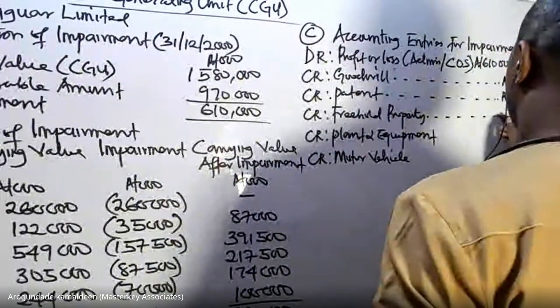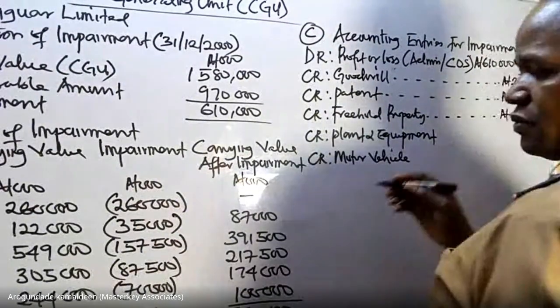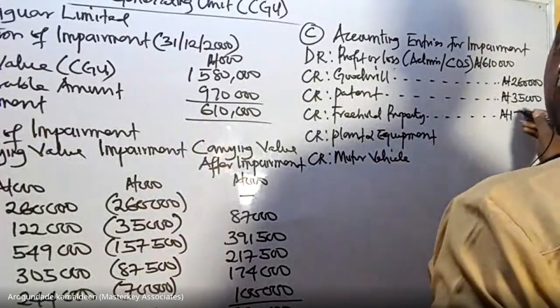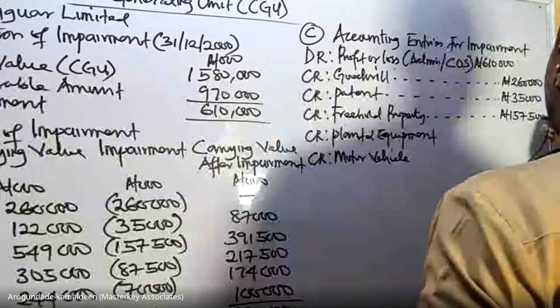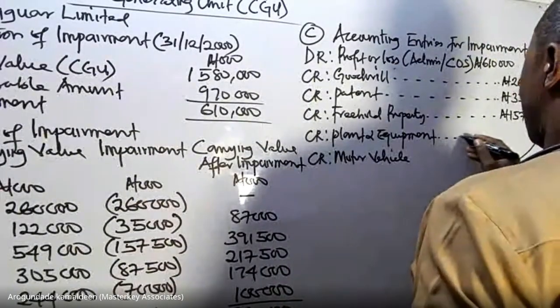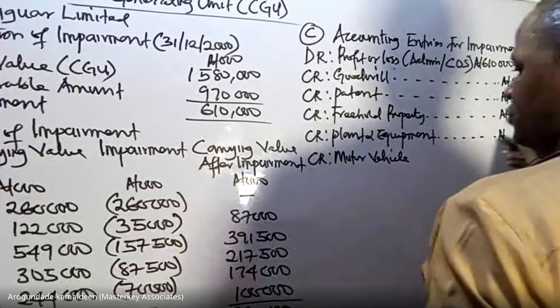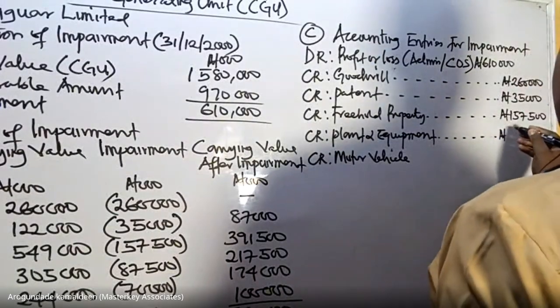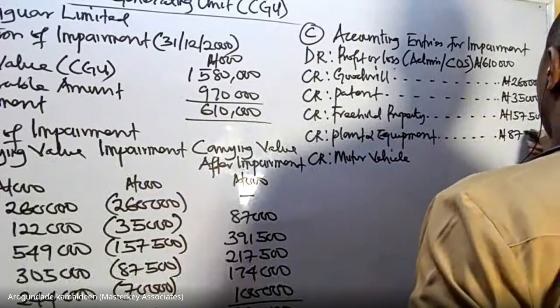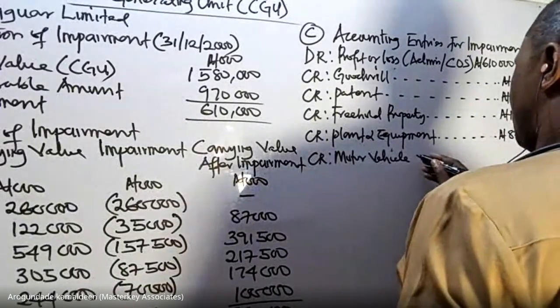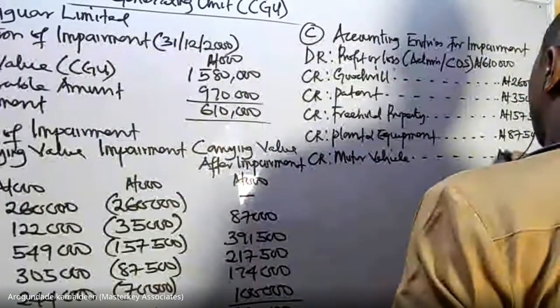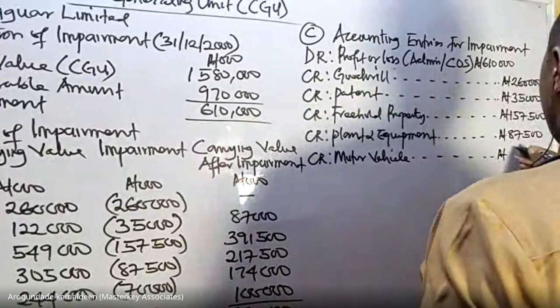For freehold property, is 15. Then for P and E is 87. For motor vehicle, 70.